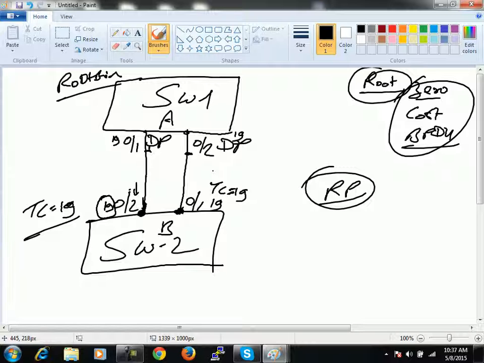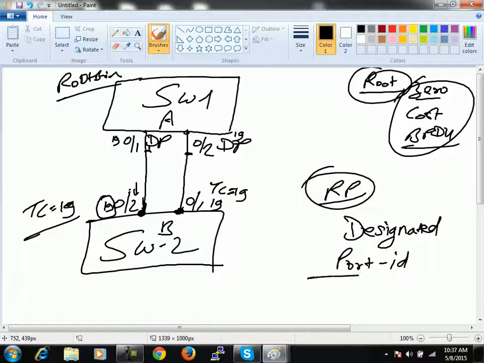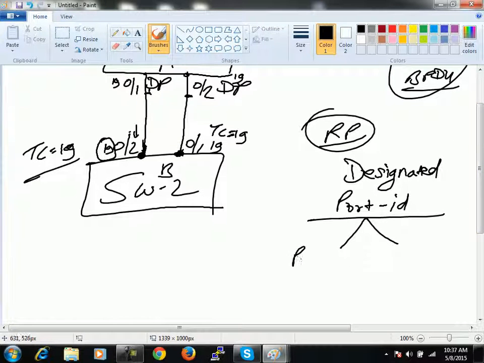Have you got it? Finally, it will compare the lowest designated port ID. Port ID contains two things: port priority and interface ID.